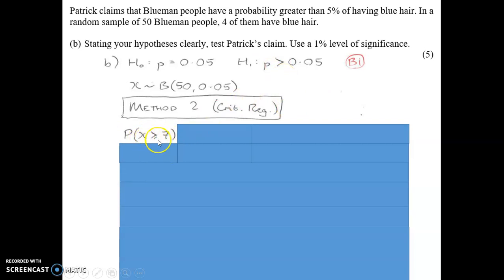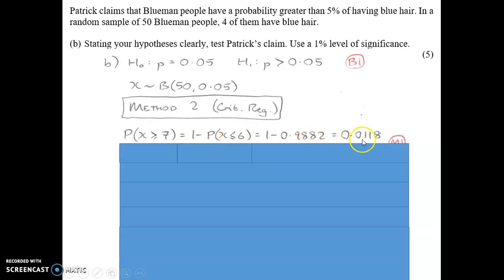But if you look at the probability of X being greater than or equal to 7, which we work out using this, we should write that because that's what we can put in our calculator. That comes out to be 0.0118, slightly more than 1%. So we can take the next one up, which we can rewrite in this form.